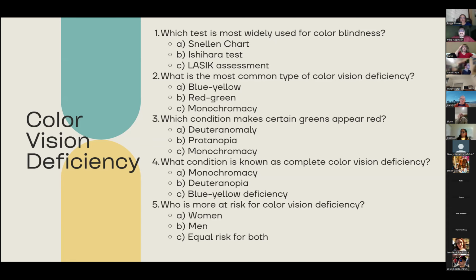It's a less common type of color deficiency, so it makes it hard to tell the difference between several color combinations. There are two types of blue-yellow vision deficiency. Tritanomaly makes it hard to tell the difference between blue and green and between yellow and red, and tritanopia makes someone unable to tell the difference between blue and green, purple and red, and yellow and pink. It also makes colors look less bright.